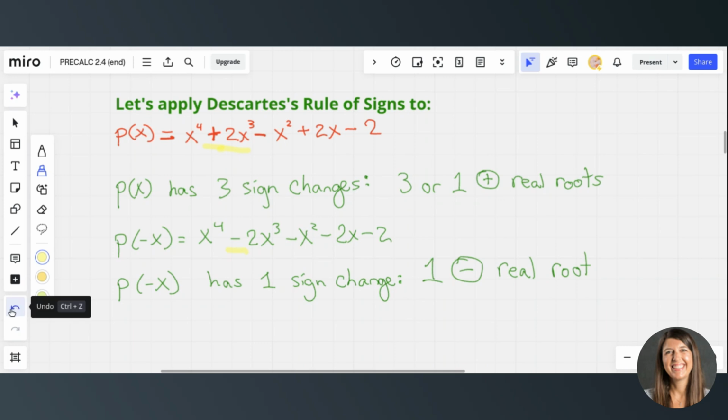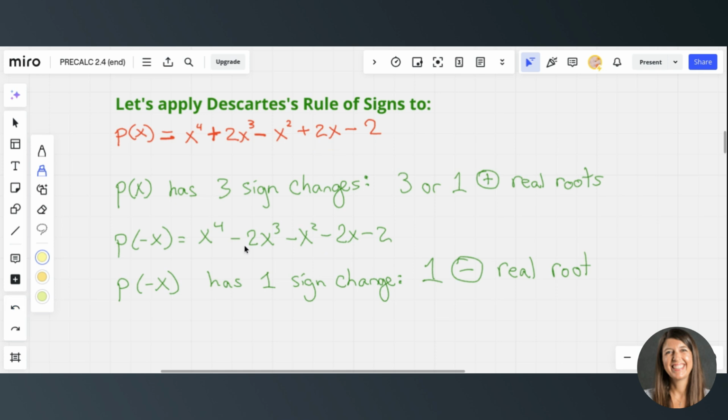So when we write p of negative x, our sign is changing. Now, negative x squared is going to remain negative x squared because that's an even exponent. 2 times x is going to change to negative 2x, all right, because that x is an odd exponent. 1, right, it's invisible, but it's there. And that means if we plug in a negative x for x, it's going to change the sign of that term.